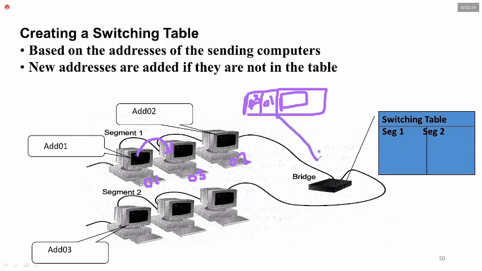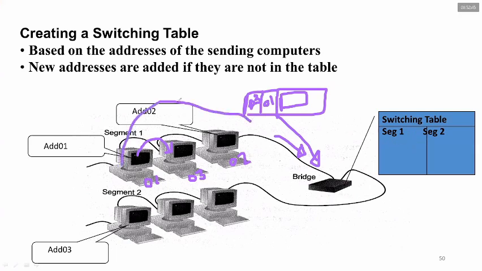So this packet will come to the bridge. So then what can the bridge understand? Who is in segment 1, 3 or 1? The bridge can look at the sender's address. If this came from this side, and it has come from 1, that means 1 is in segment 1 or segment 2?